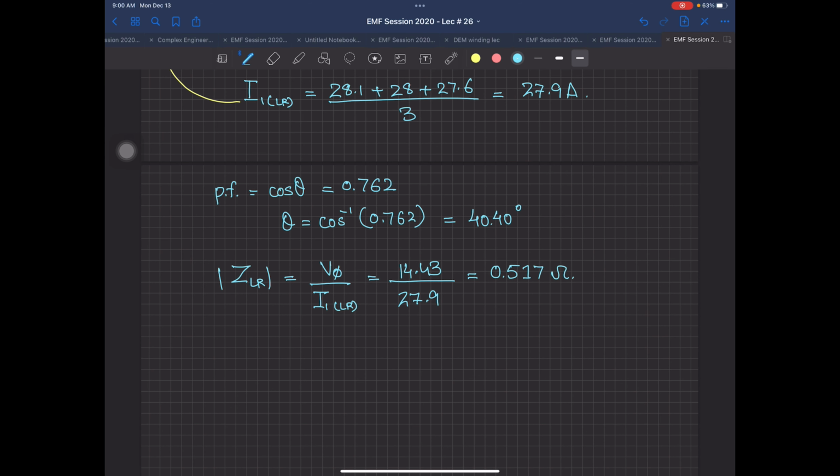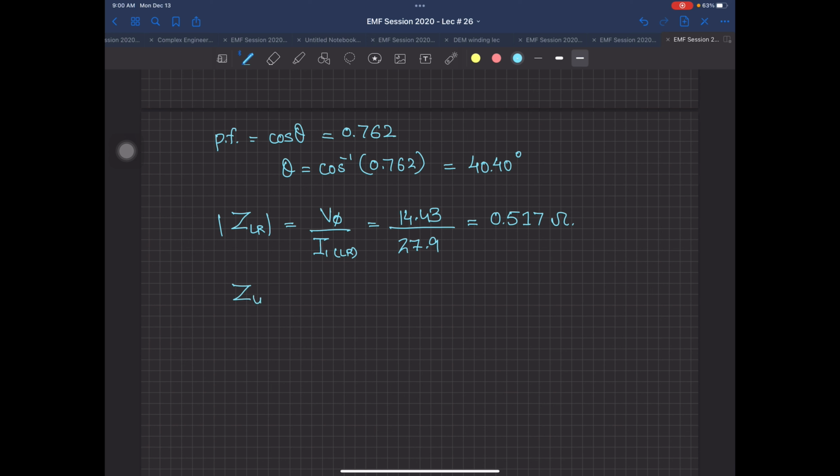So this is ohms. And now you can convert ZLR into RLR plus jXLR bar, and this will be equal to 0.517 into cos of 40.40 plus j 0.517 into sine of 40.40. Of course, j will be coming up here.